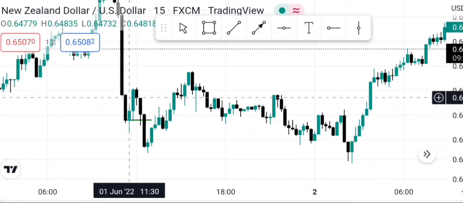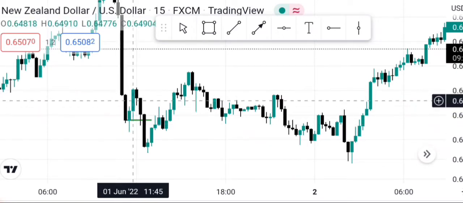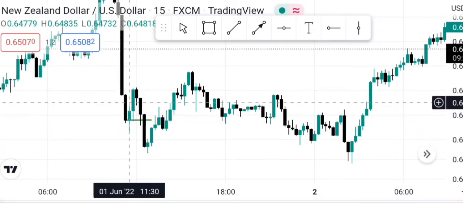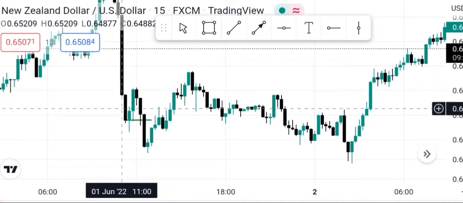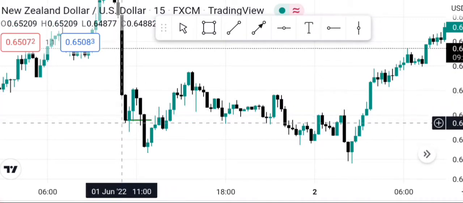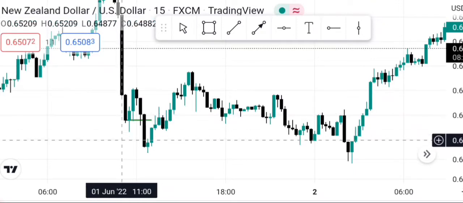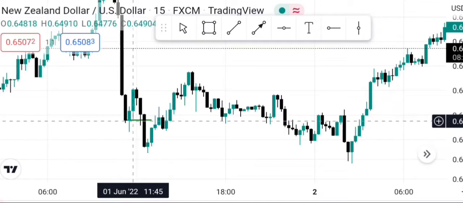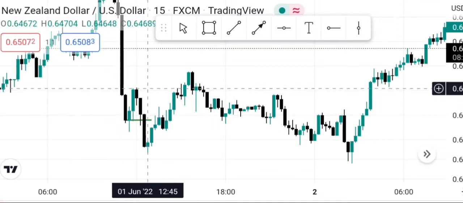This bearish candle right here, that's the low, and then it is followed by two consecutive candles. Now it can be three, it can be four, it doesn't really matter, but all that matters is that for this low to be confirmed as a swing low, there must be two consecutive candles following it up.